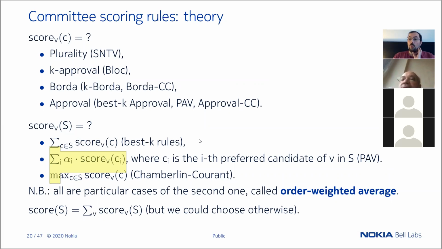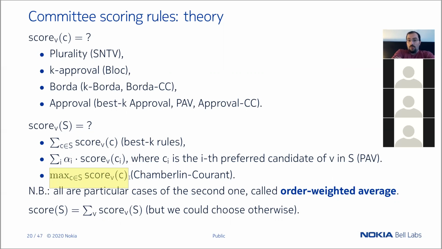That is called an order weighted average. For example, if you remember proportional approval voting, we assign a weight of 1 to the candidate that you prefer, then a weight of 1/2 to the second one that you prefer, then a weight of 1/3 to the third one that you prefer, and so on. A third option would be to use the maximum of the scores that you have for the different candidates, and that's the idea behind Chamberlin-Courant.